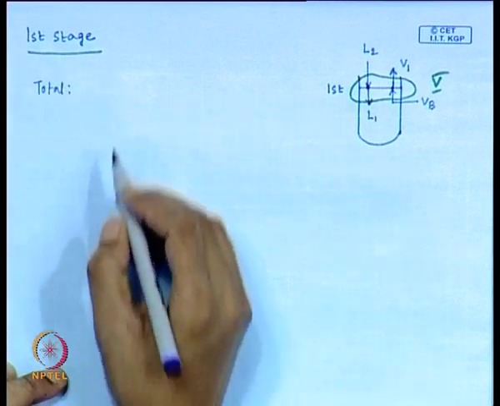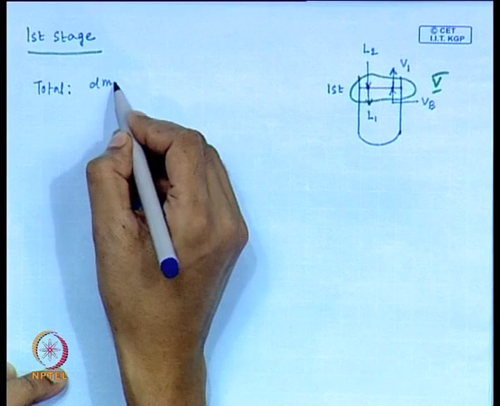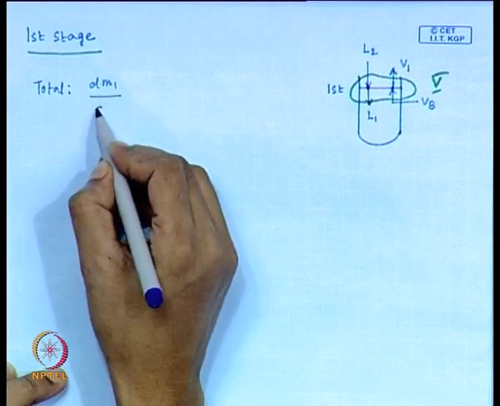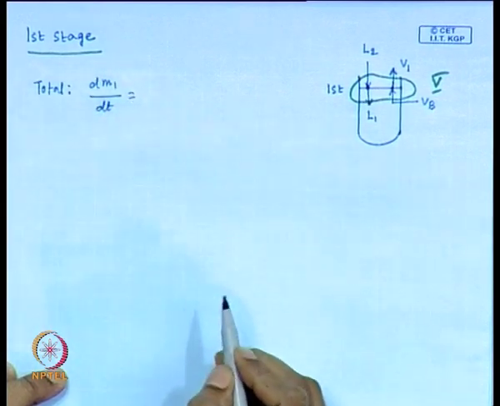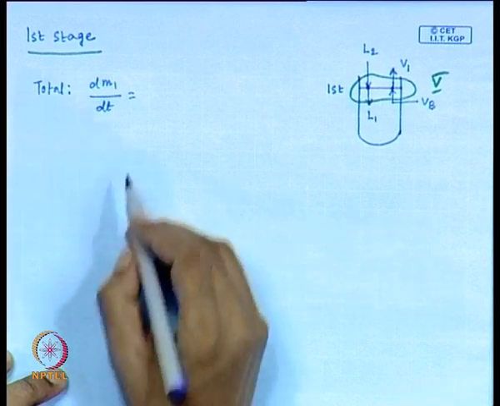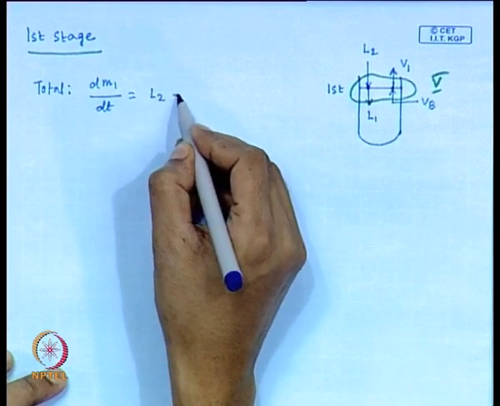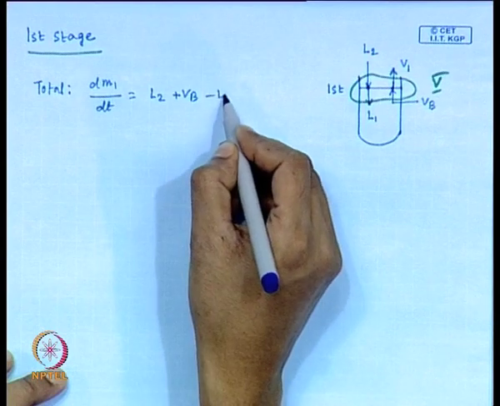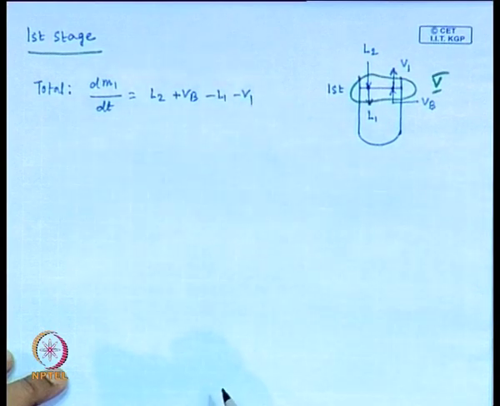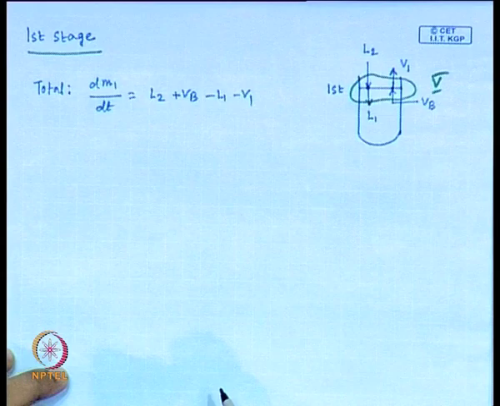What will be the total mass balance? If hold up is M1 for the first stage, then dm1/dt equals L2 plus Vb minus L1 minus V1. Agree?